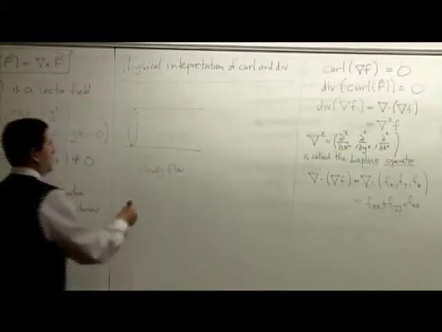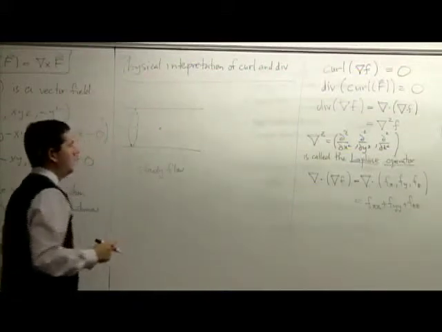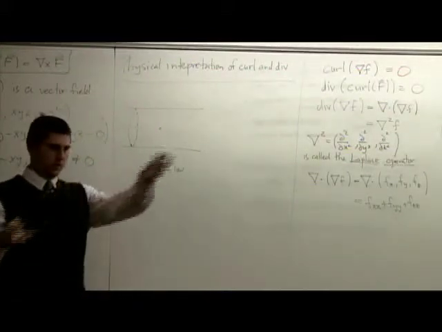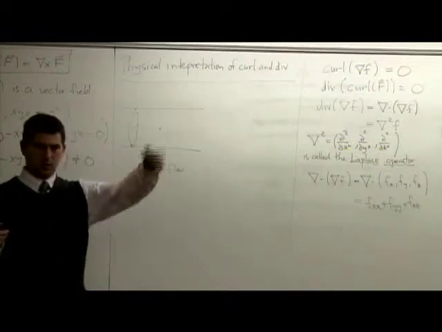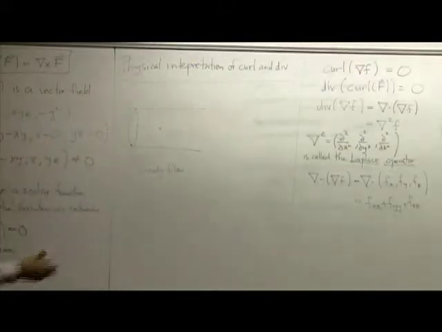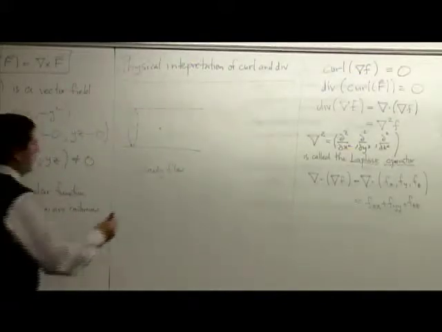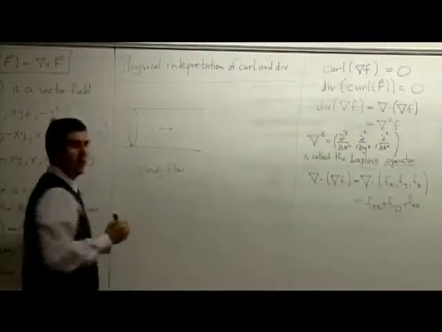Okay, so at any given point, you can ask, what is the fluid doing? And it has a position vector. And it has a velocity vector. So the velocity vector might look like this at this point.